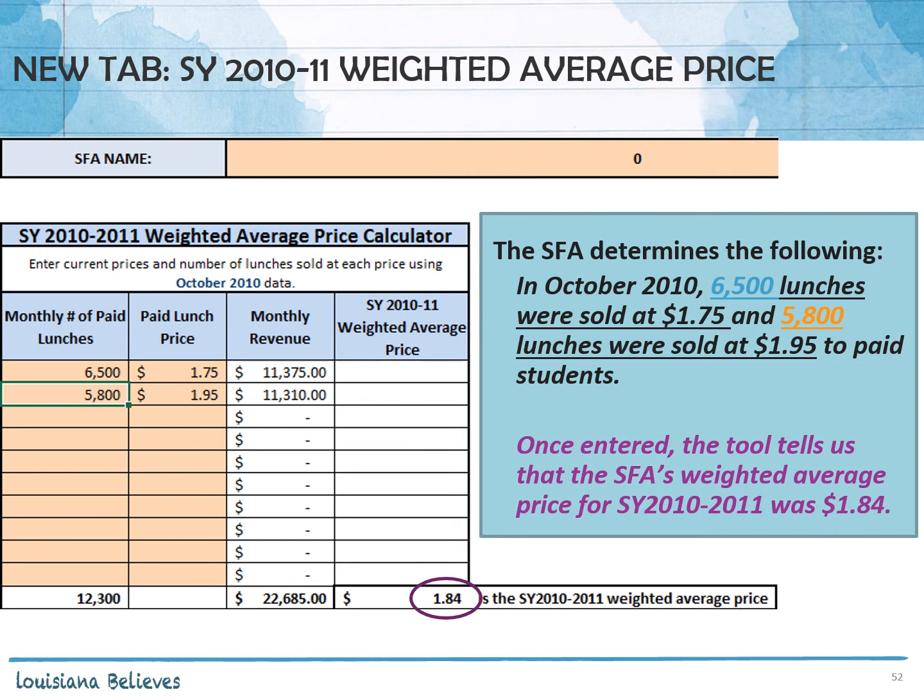We sold 6,500 paid lunches at $1.75 and 5,800 paid lunches at $1.95 in October of 2010. The tool will automatically calculate the monthly revenue and the weighted average price. Once entered, the tool tells us that the SFA's weighted average price for school year 2010-2011 was $1.84.